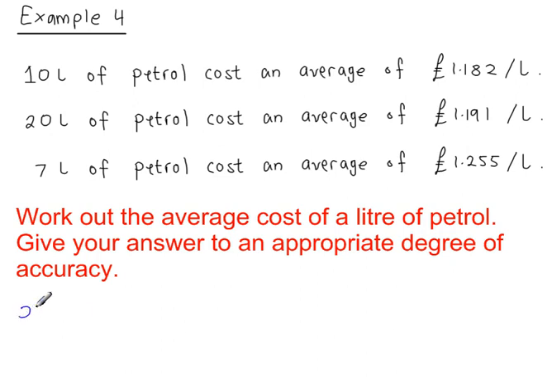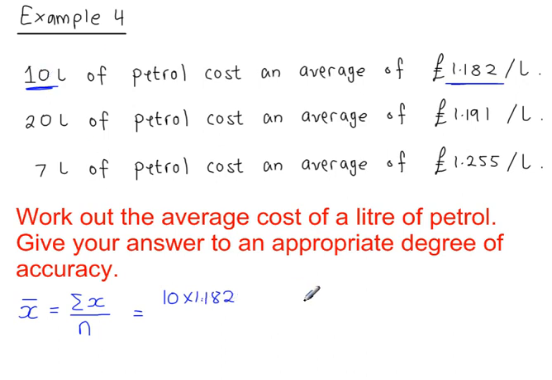So the formula, the mean is equal to sigma x divided by n. So the first one, 10 times 1.182. That's the average price per litre. So if you times that with 10, that will give you the cost of those 10 litres.